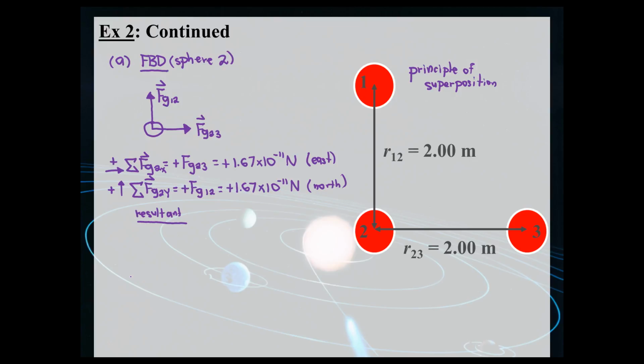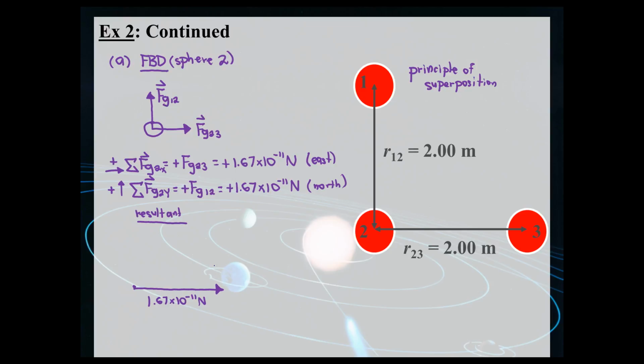From some random starting point or reference point, we'll draw a vector that first goes east, and it does it by 1.67 times 10 to the negative 11 newtons.